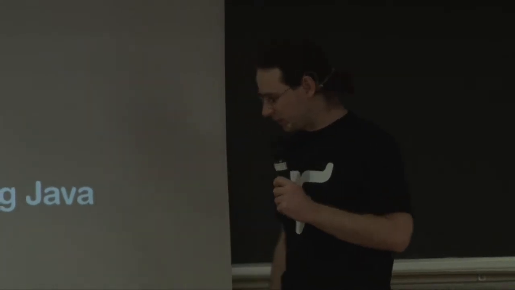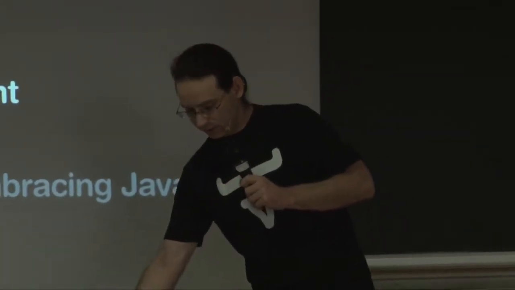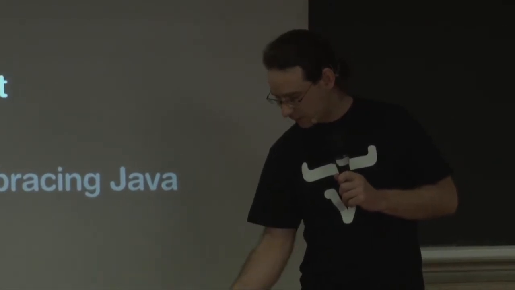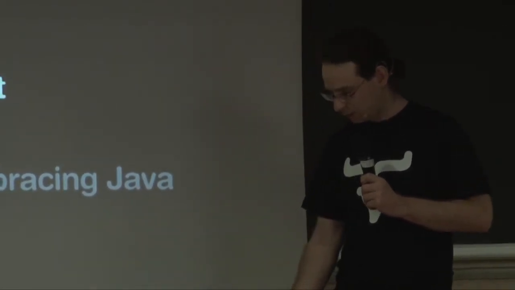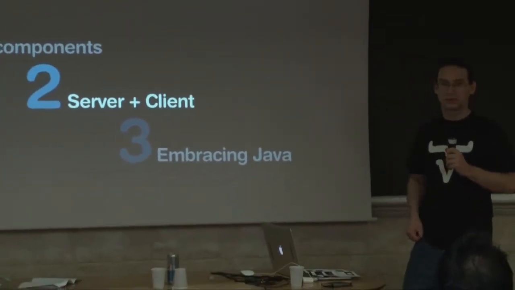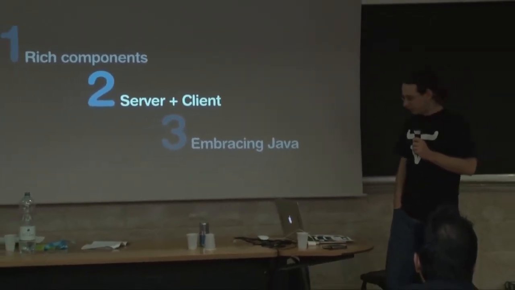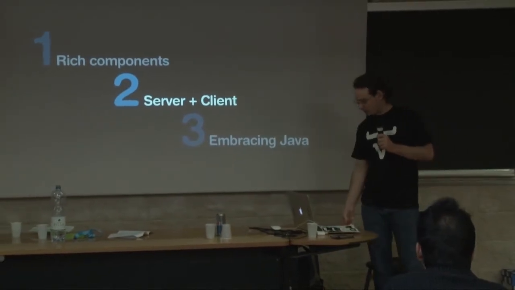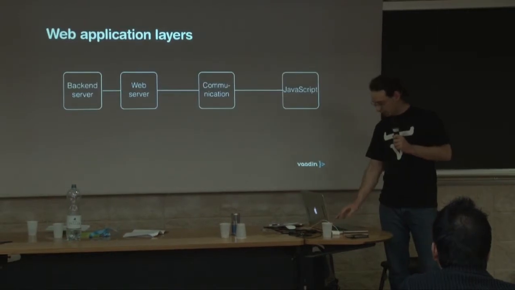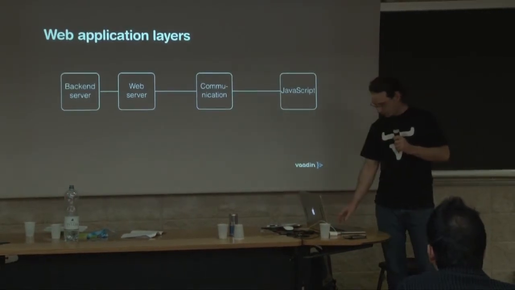All right, another important notion for Vaadin is that Vaadin incorporates server plus client development into one program. Basically, you create one code, and all the rest Vaadin does for you. Let me explain in more detail what I mean.